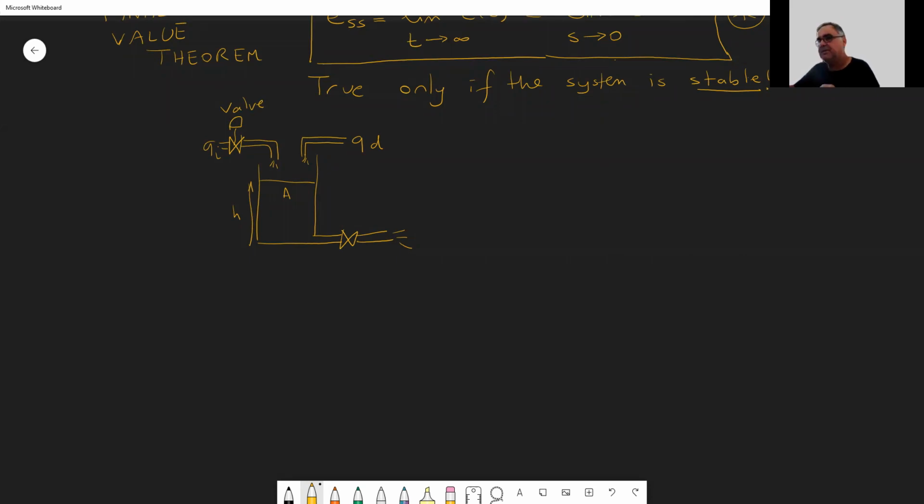In this system, this is R. This is the output flow.